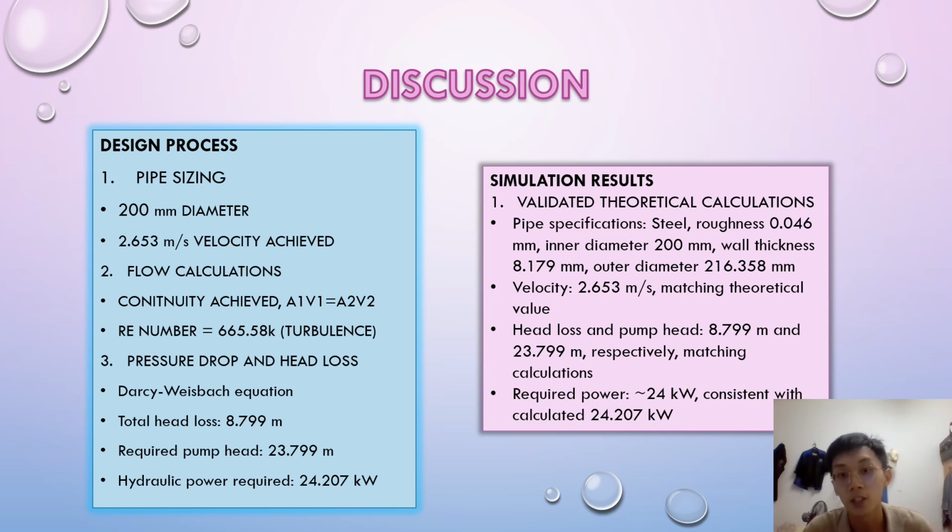The velocity is just as theoretically calculated, 2.653 meter per second. The head loss and pump head are 8.799 meter and 23.799 meter, which matches the calculation. And lastly, the required power is 24.2 kilowatt, which is consistent with the calculated value.